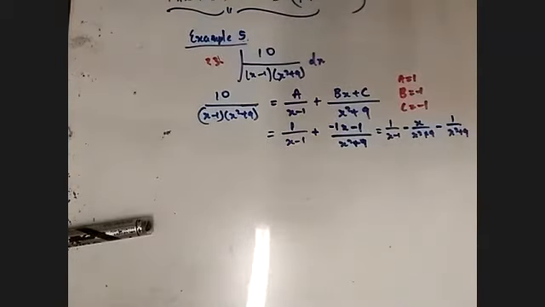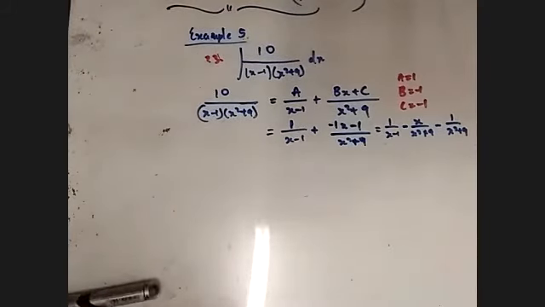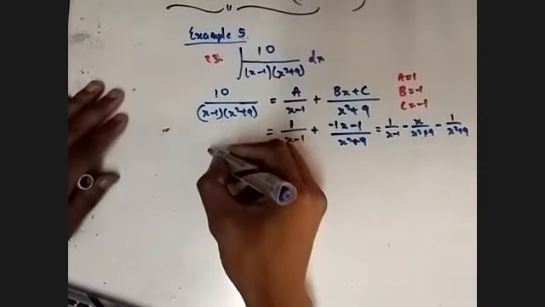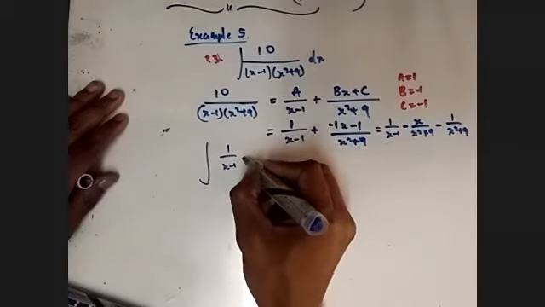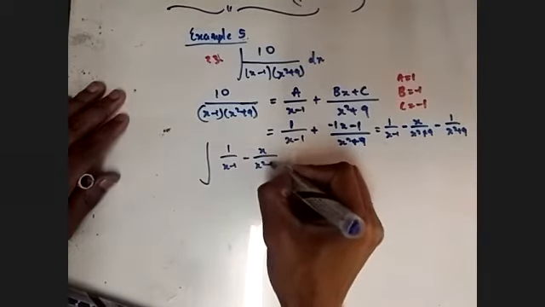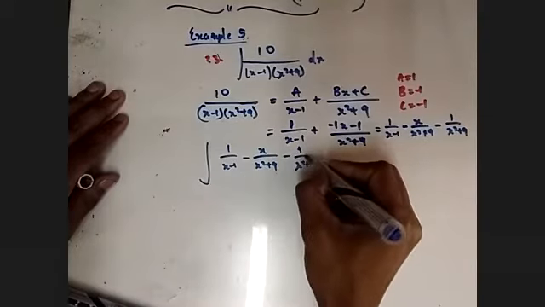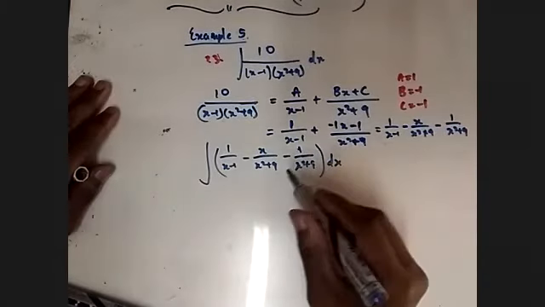There's nothing much you can do, so we just have to take this and put it in the integral: the integral of 1 over x minus 1 minus x over x squared plus 9 minus 1 over x squared plus 9, all dx. Then we're going to take these things individually.